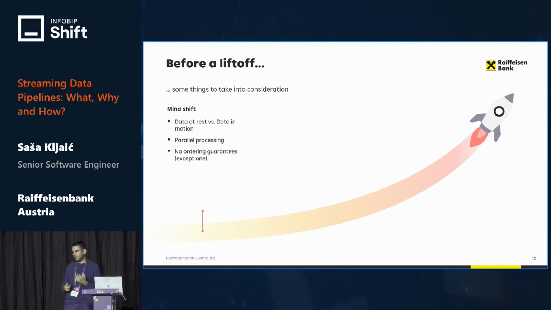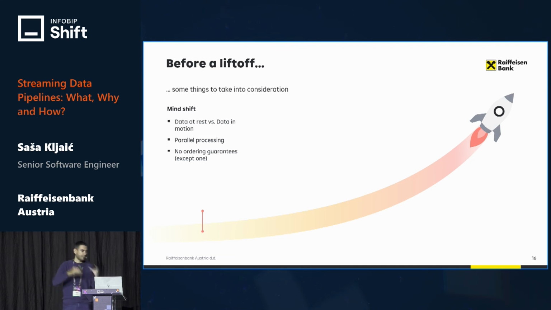So what you need to realize is that in streaming, everything is done in parallel. And you have practically no guarantee in which order the events will be processed. So you need to really think about this parallel processing and what will be the outcome of your pipeline. What if one event is processed before the other? What if it's the opposite?